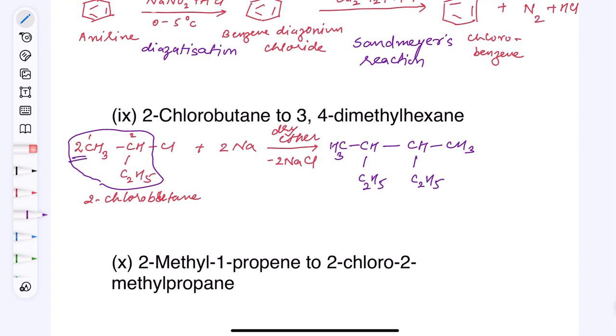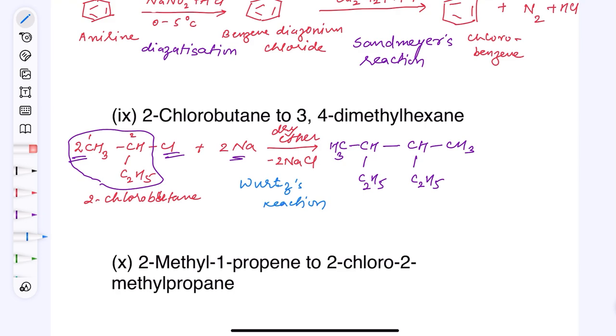You have removed Cl 2 times with Na as 2 times NaCl. This is, as I said, referred to as Wurtz reaction.